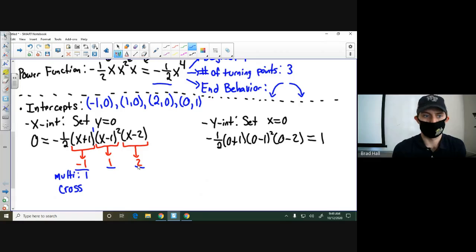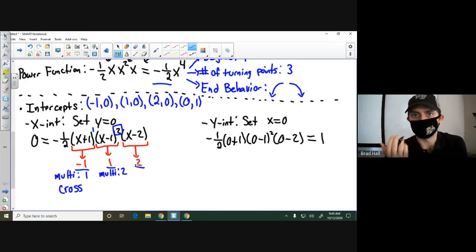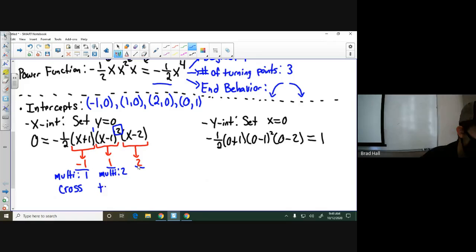And so with the +1, same idea. What's the multiplicity? It's the exponent, which is right here. It's 2. So 2 is an even number, so this would touch.